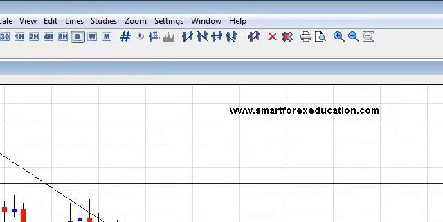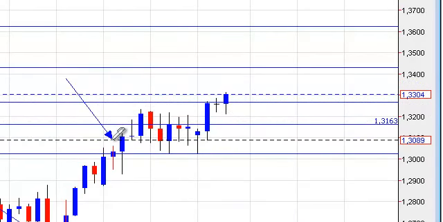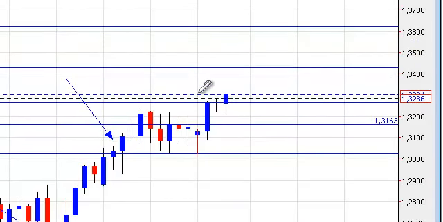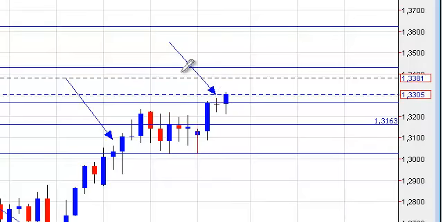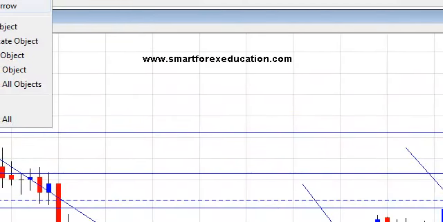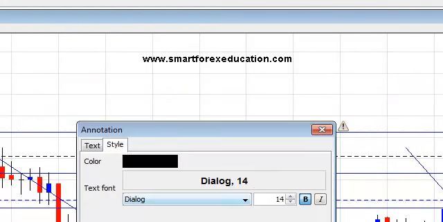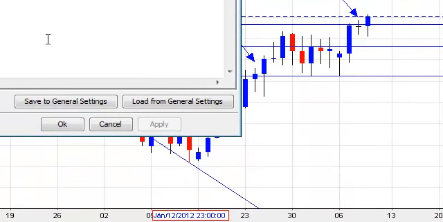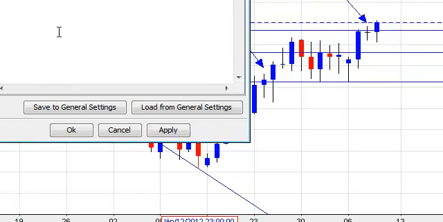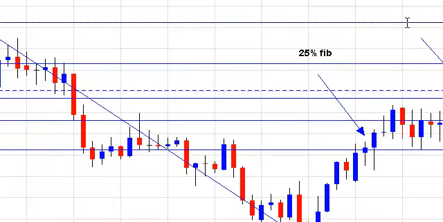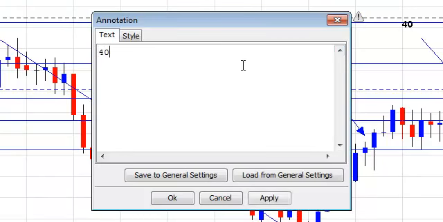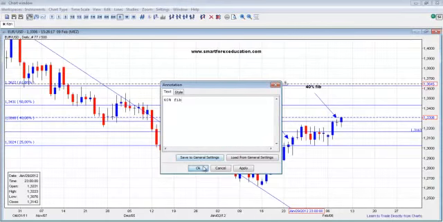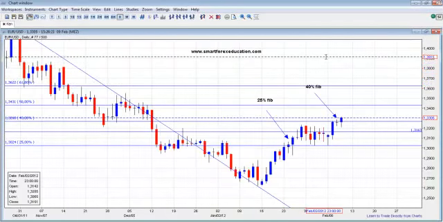So what we see here is we've got the 25% fib level, and then we've got the 40% fib level.